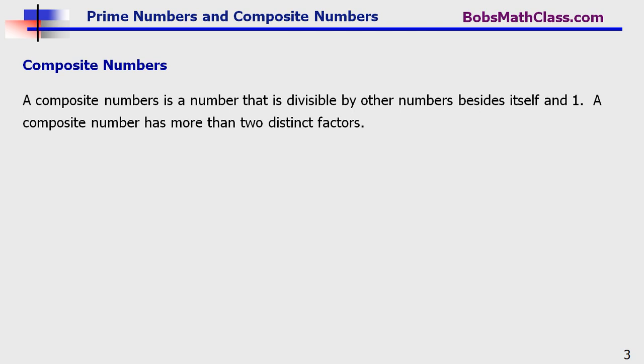Okay, composite numbers. Well, if it's not prime, it's got to be something else, right? That's called a composite number. A composite number is a number that is divisible by other numbers besides itself and 1. A composite number has more than 2 distinct factors.